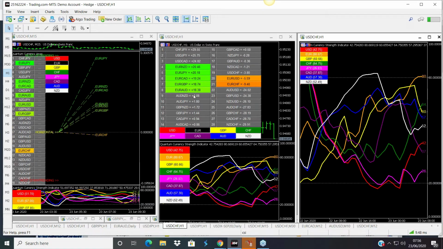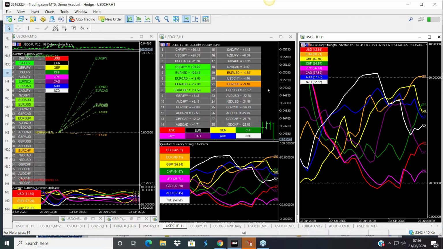The way we've designed these indicators, you have the individual flows, reflected in the lines, and then we have what we call the matrix, which takes those individual currencies and gives us a snapshot of which is the strongest, which are the weakest, where's the most selling, where's the most buying, not only amongst the 28 pairs, but you can isolate the individual currencies.